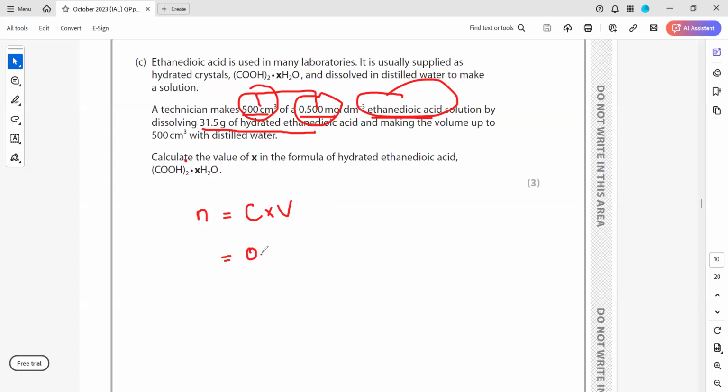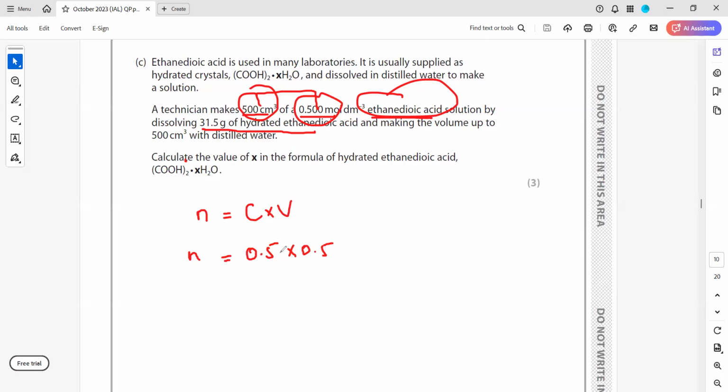So we have the concentration, which is 0.5, and the volume. What about the volume of the solution? The volume of the solution is 500 cm³, which is 0.5 dm³ because we divided by 1000.